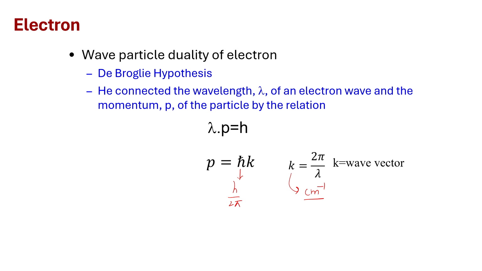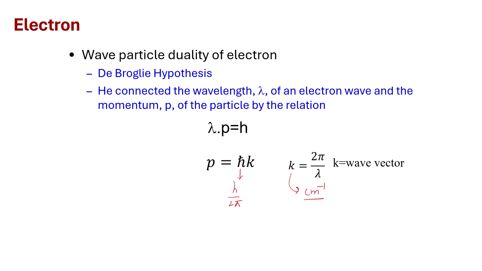One can connect momentum and wave vector, because momentum is a vector, so wave vector is also a vector, whereas lambda is a scalar quantity. So, we treat this in a vectorial fashion such that p is equal to h cross k, and this is a very important relation that was hypothesized to connect the wave particle behavior of electron.